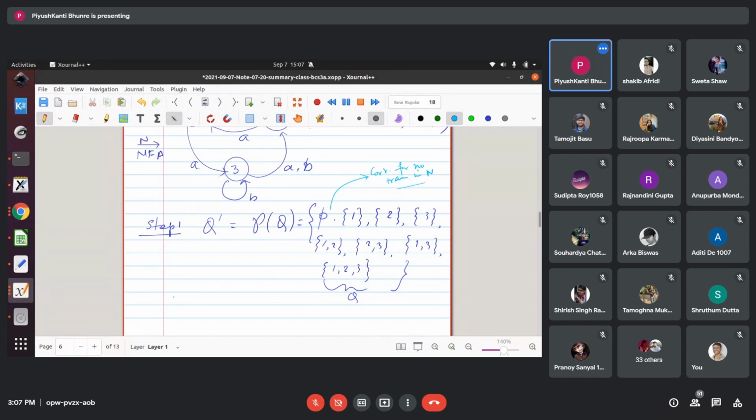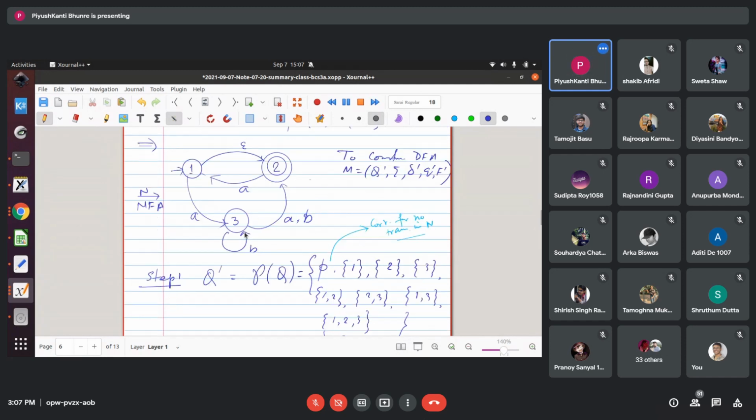Now what is the start state? Step 2. You want to find the epsilon closure of q1, the epsilon closure of 1.